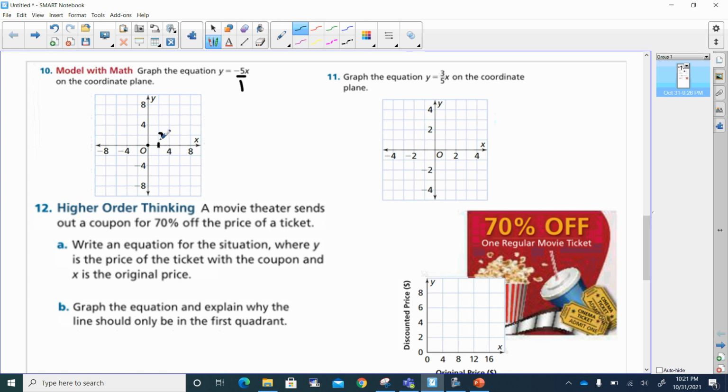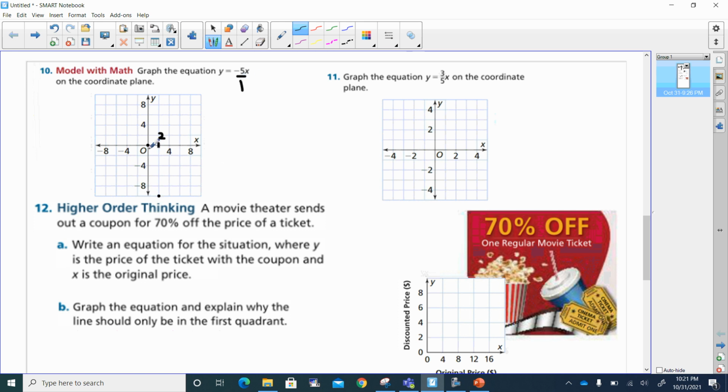And if this is 2, then I can say this is 10, and that would work because you see we don't have increments of 1 here. If I had 1, I would just go straight to negative 5, but because it's in 2s, I'm going to have to go twice as much as 5 because each unit is twice as much. Twice as much as negative 5 would be negative 10.